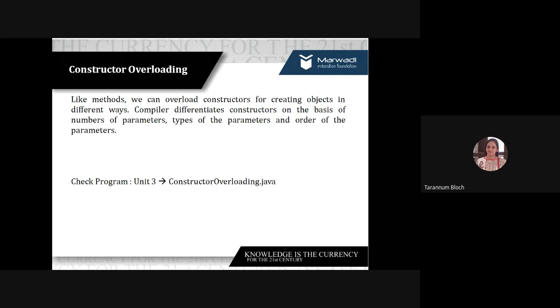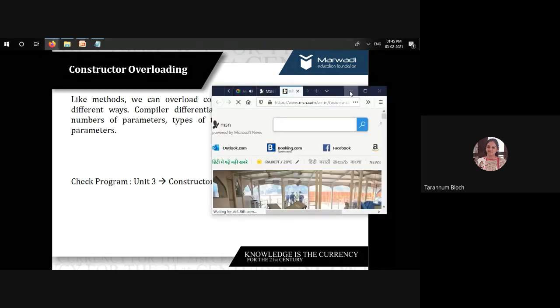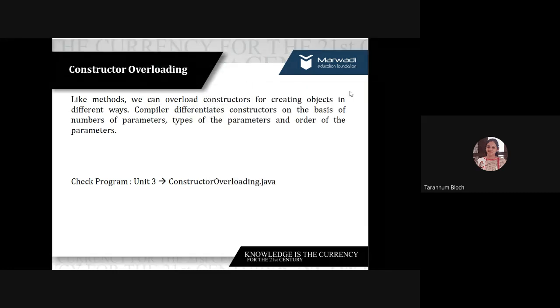So if we have so many constructors with the same name, how will your compiler identify which constructor has to be called? It is based on the number of arguments, or you can say the number of parameters present in the definition of your constructor. So it sees the number of parameters, types of parameters, and order of the parameters.